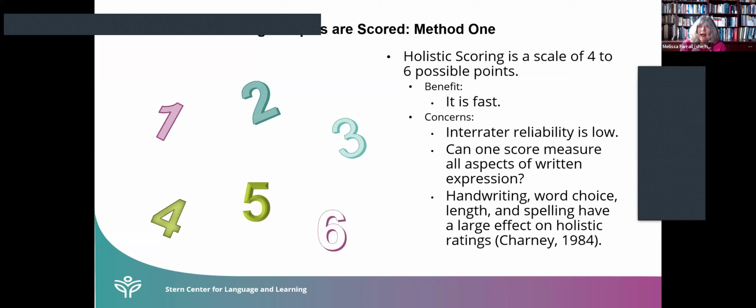Holistic scoring has been used on state level tests of written expression. And without going into specific publishers, there was one case that actually made the newspapers because it turned out that the test company had hired high school students to score these passages that were supposedly drafted by potential college students, right?